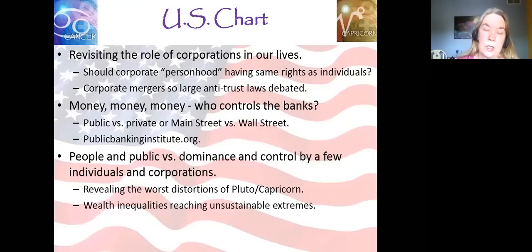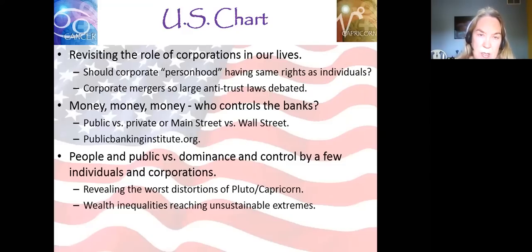I also think at some point here before Pluto leaves Capricorn, and maybe this nodal axis transit might trigger it, we're going to start looking at corporations. I don't remember the year, I didn't look it up, but somewhere along the line in our recent history, the Supreme Court of the United States gave corporations the same standing of personhood as the two-leggeds.